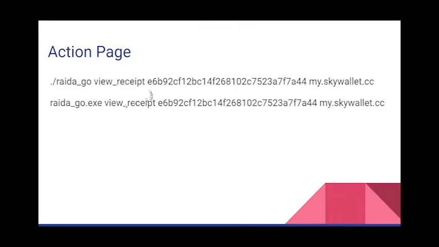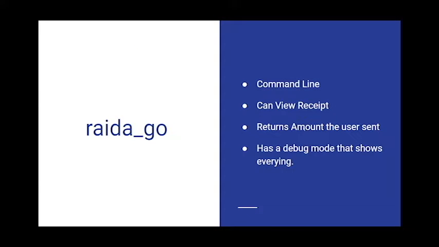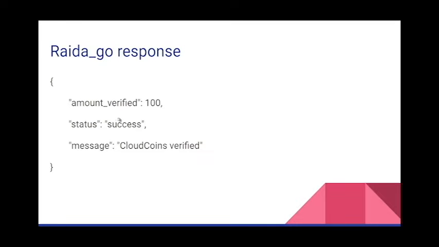And we have a command view receipt, and we have the receipt's ID here. And then we have which Skywallet we want to look at. And of course you want to look at your Skywallet. So when this is called, you're going to send those calls to the Ready-to-Go. And when this is called, it's going to then return some JSON.